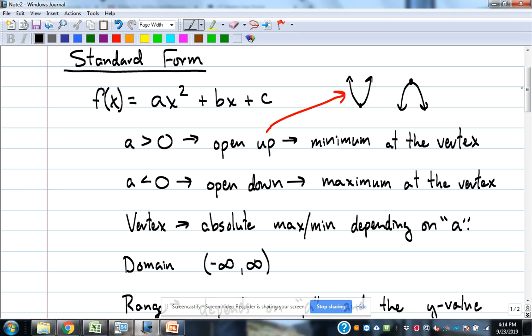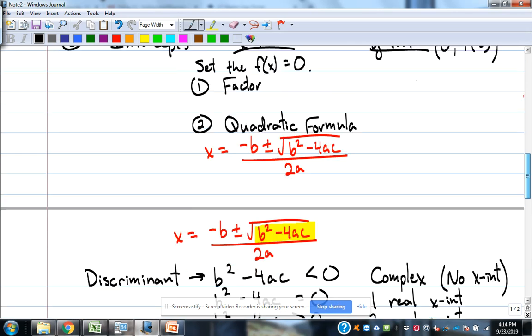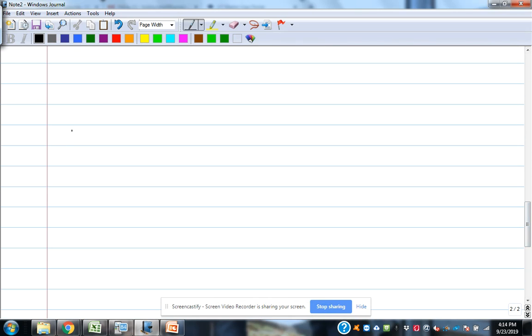So let's start with example A. f of x is equal to x squared plus 7x plus 12. We have a quadratic. That one I know is in standard form because it has ax squared plus bx plus c. It's got an a, a b, and a c.